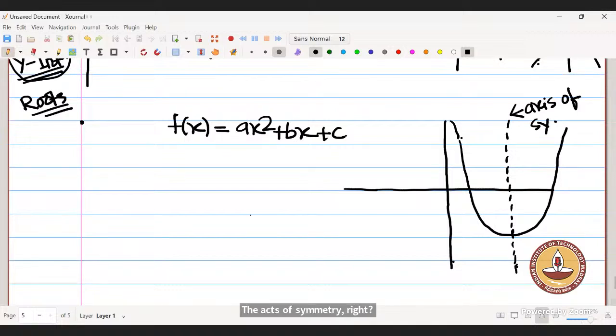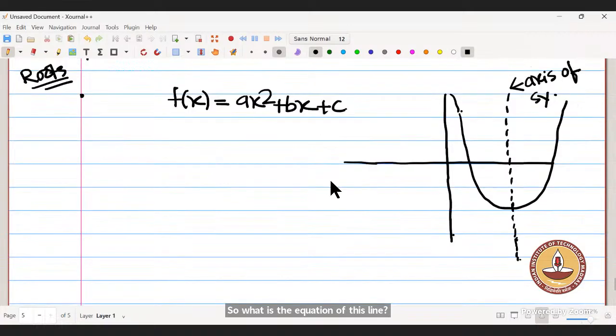So what is the equation of this line? X is equal to C. No, x is not equal to C. Y equal to 0 means the x-axis, right?